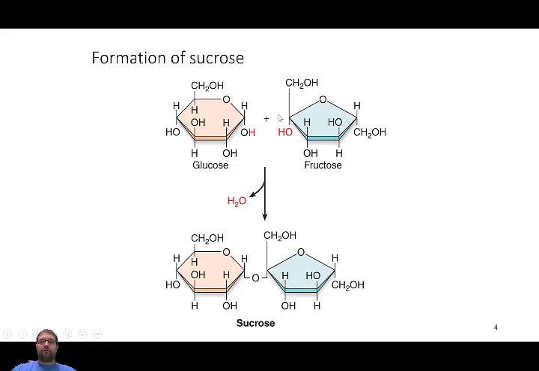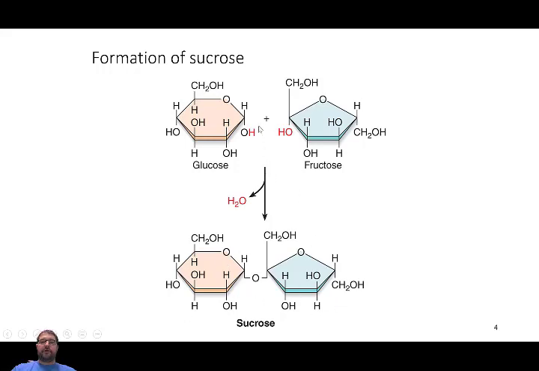But the important part is right here. That hydroxyl group binding with this hydrogen to form a bond between the two, and this is called a dehydration reaction. But that reaction creates a bond, an oxygen bonding these two molecules together to form sucrose.